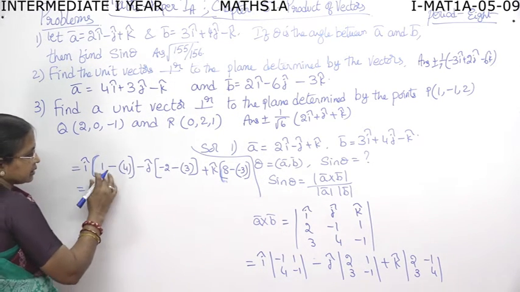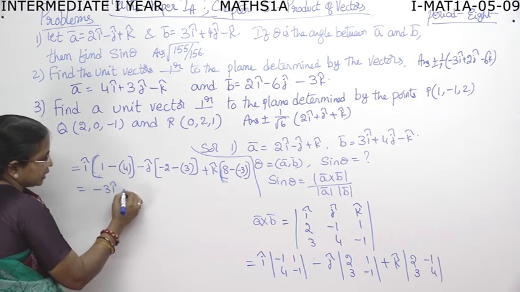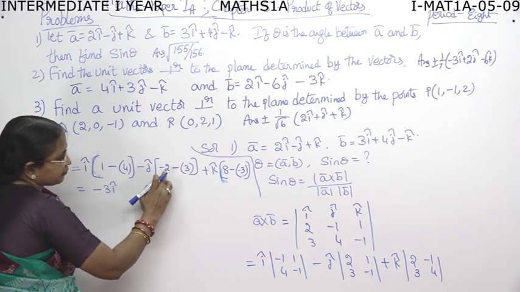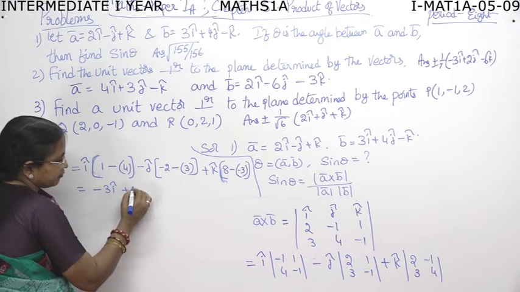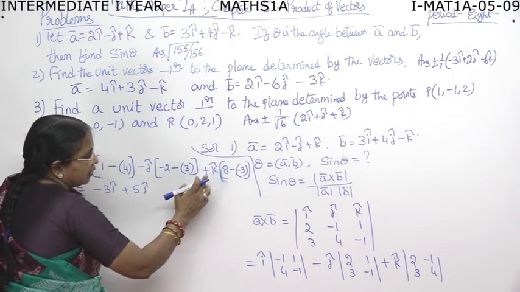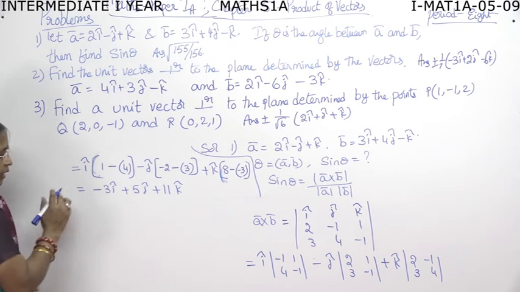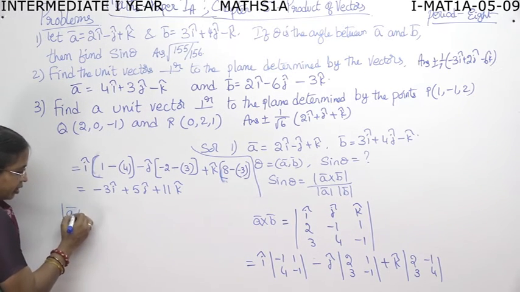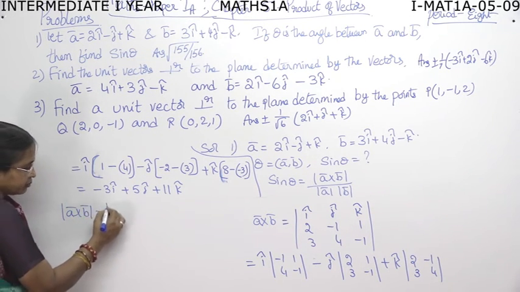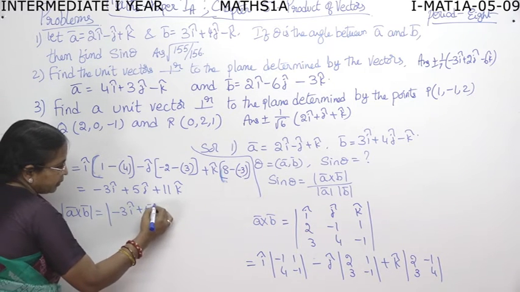Now you just simplify inside. So it is minus 3i, and this is minus 5, minus of minus, so plus 5j, and this is 8 plus 3, 11, so plus 11k. So you will get A cross B like this. Now find mod of A cross B. Mod of A cross B is mod of minus 3i plus 5j plus 11k.